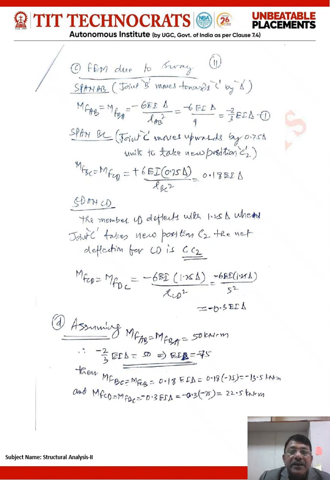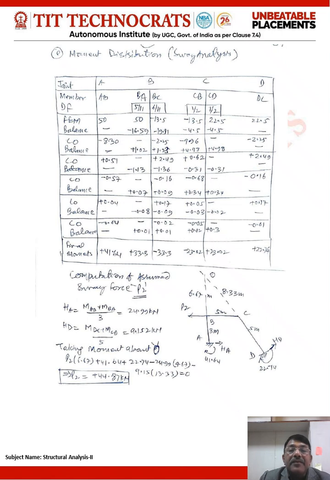Then the value of EI delta can be computed, that can be placed in the other equations to find the value of MFBC and MFCD as well. You can notice it is minus 13.5 and 22.5 respectively.